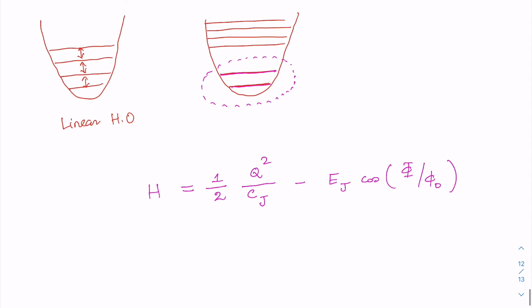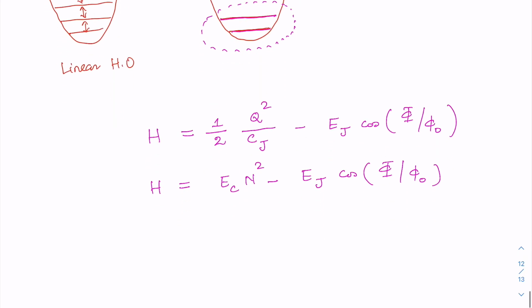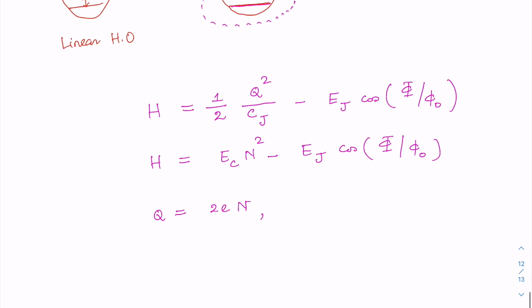It can also be written as H is equal to Ec n squared minus Ej cos phi by phi 0. Here I have utilized the fact that Q is equal to twice e, the electron charge, times the number operator, the number of Cooper pairs, and here Ec would be simply twice e squared divided by 2Cj.